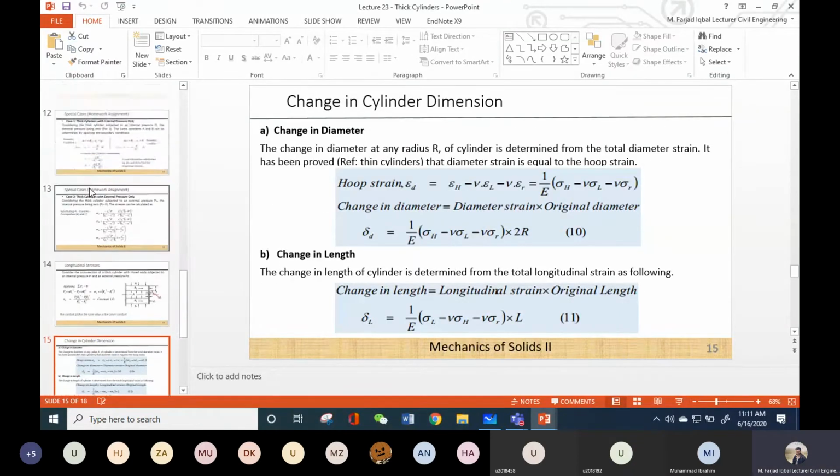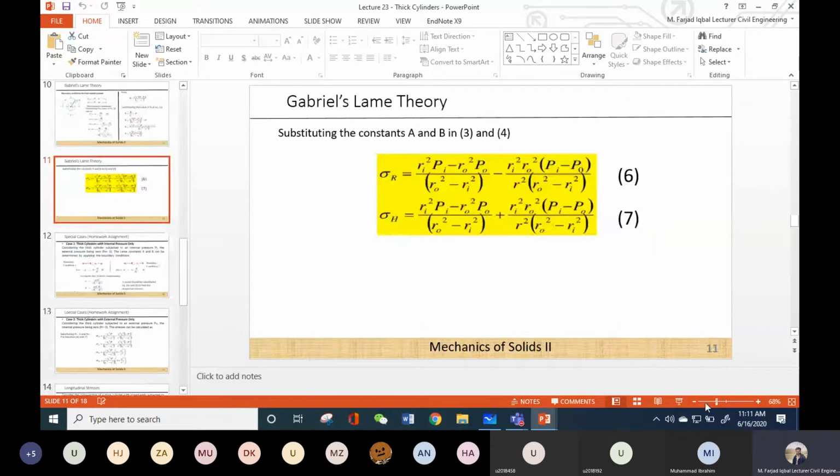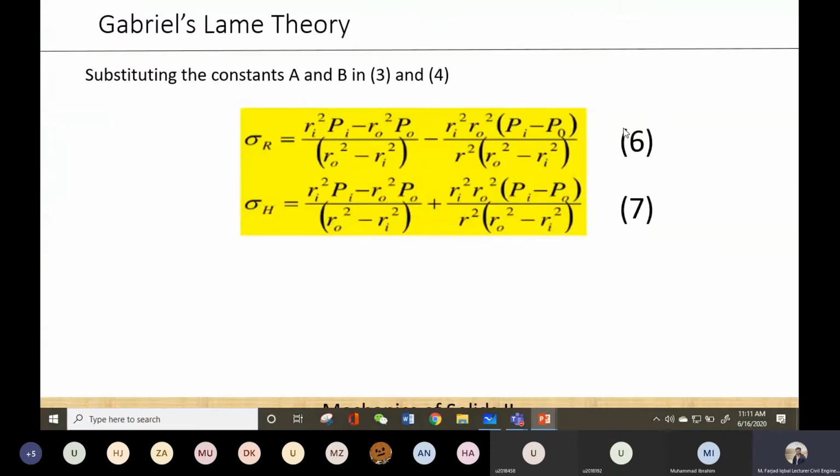Okay, first thing, there are two ways to solve these kinds of problems. One is that we use these two formulations. In this formulation, if you look at that problem that I just showed you, we have been provided with the internal radius, internal pressure, external pressure, and the outer radius.